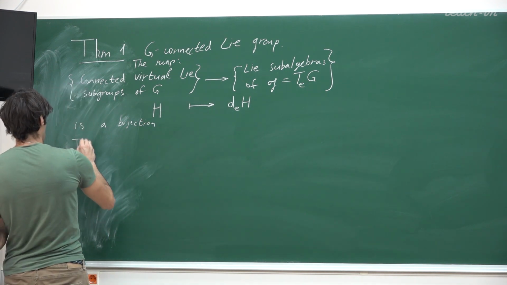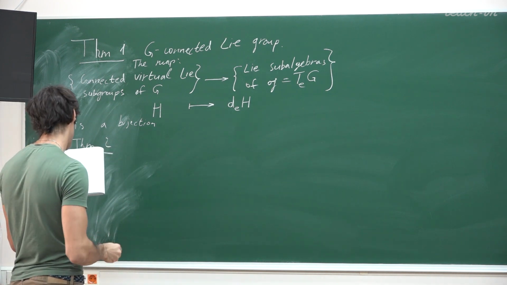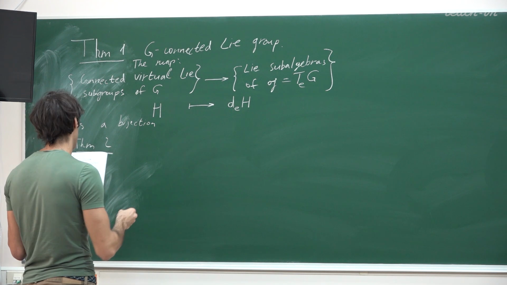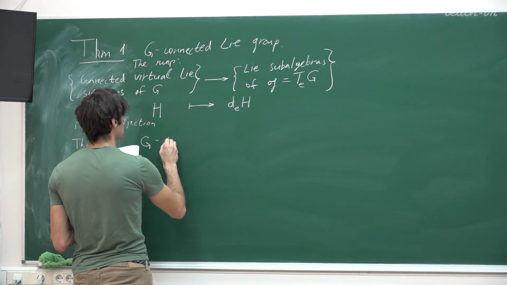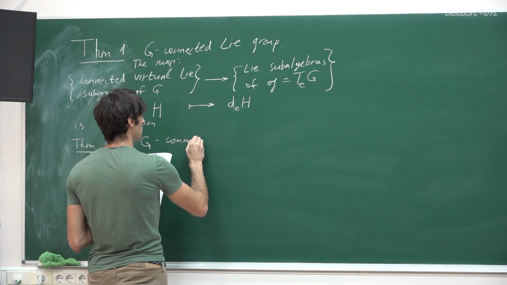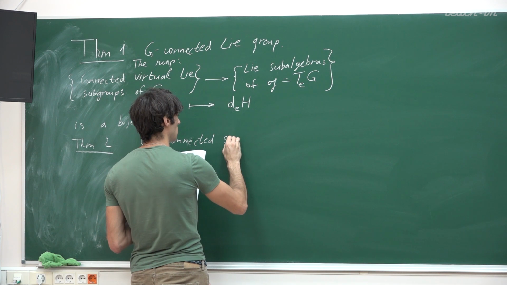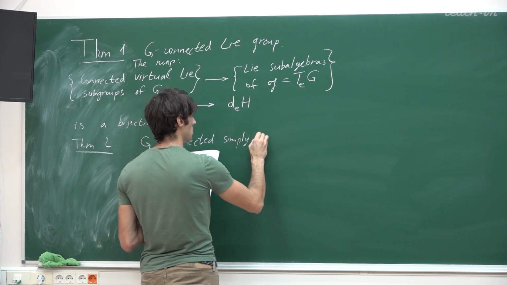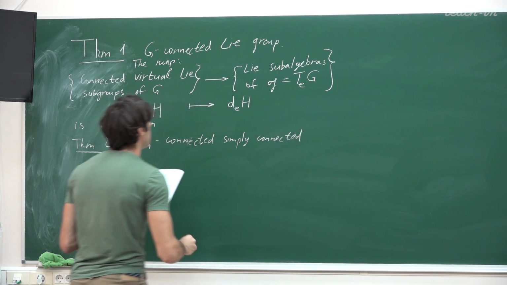Theorem 2 establishes another bijection. But for that, I need to take G to be a connected, simply connected Lie group.